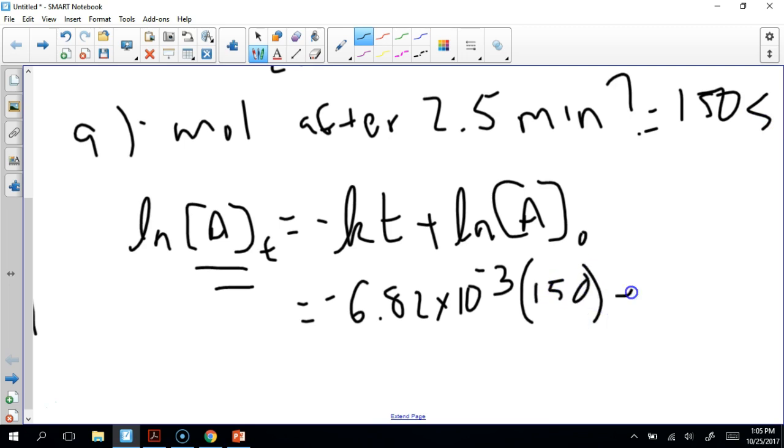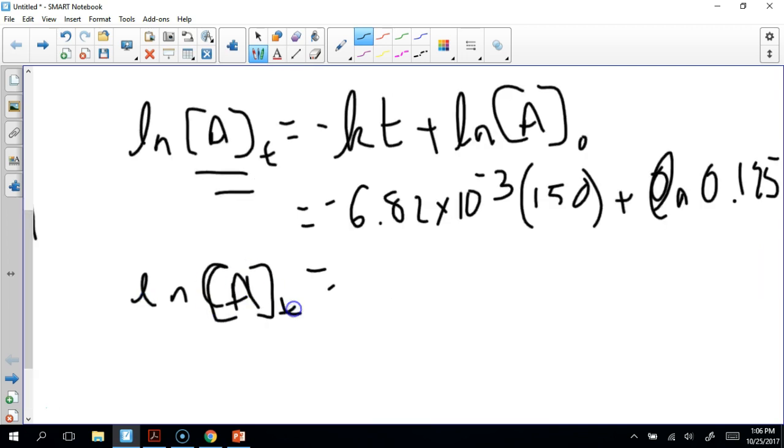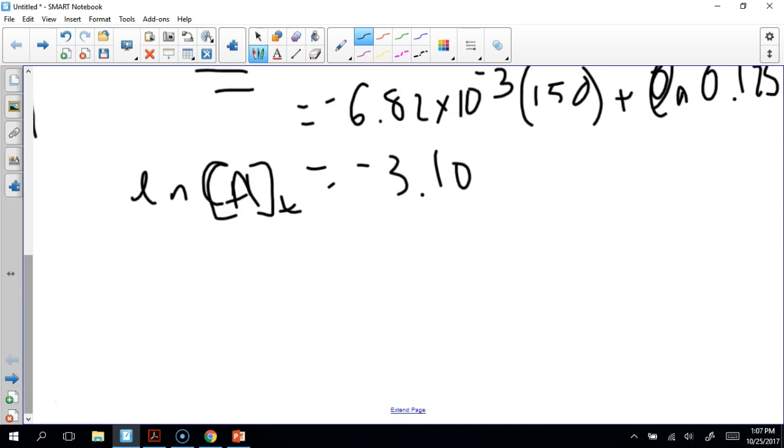150 plus the ln of the initial concentration, 0.125, and we plug that into the calculator. When we do that math, we get that equals the natural log of the concentration. So now we do e to the, that cancels that out.